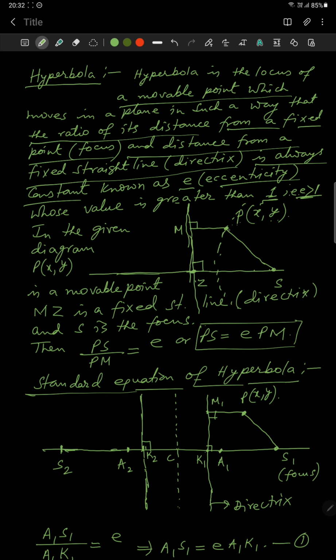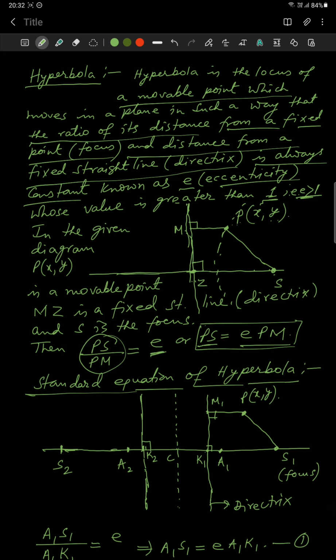A perpendicular is dropped from P on this ZM, that is PM, and a fixed point S, that is focus, is taken, that is PS. According to the definition of the hyperbola, PS by PM should be equal to E, that is why PS is equal to E times PM. I hope till this point it is clear to all of you.